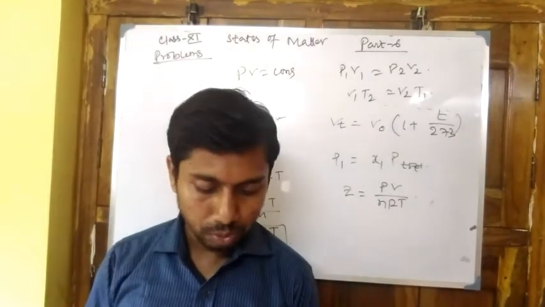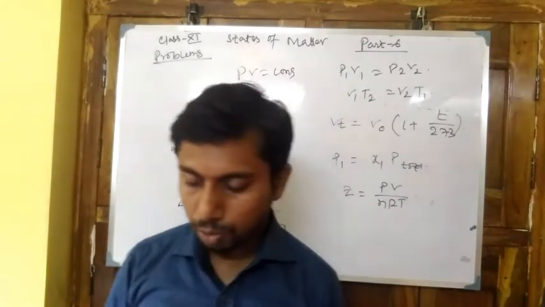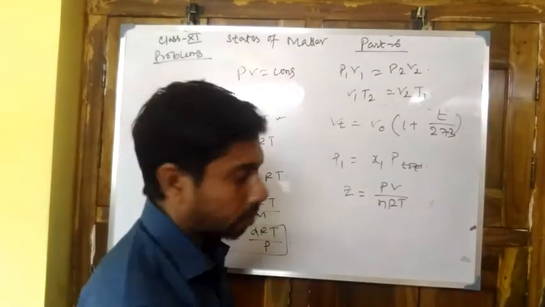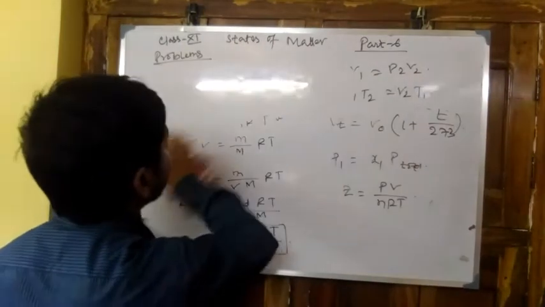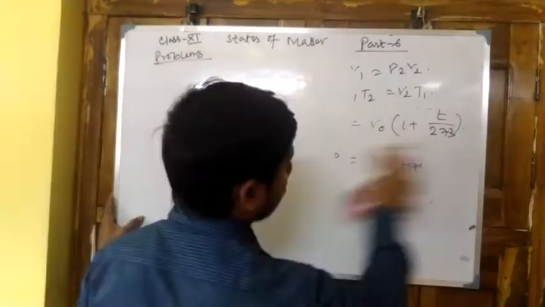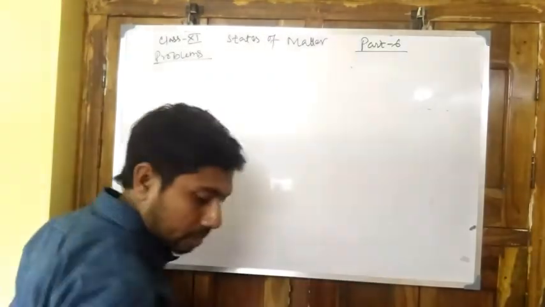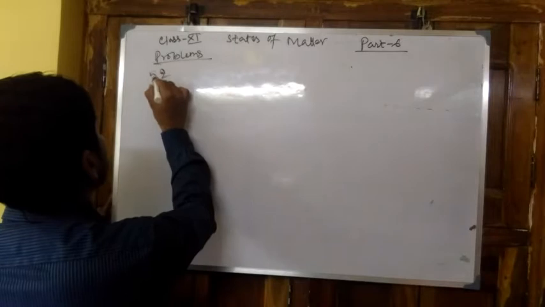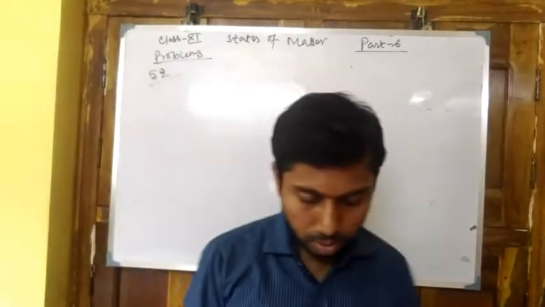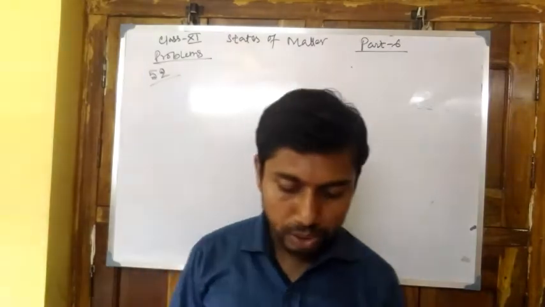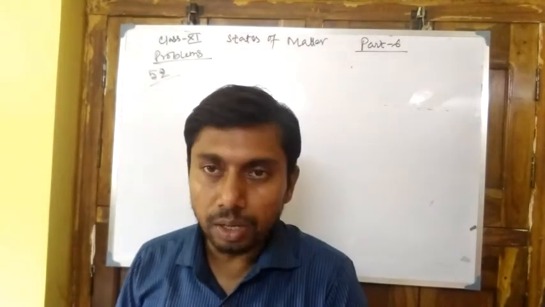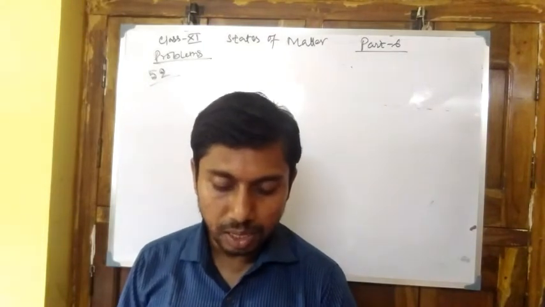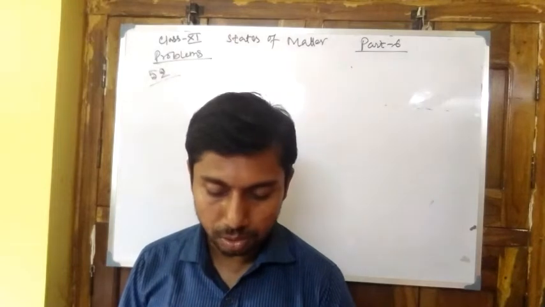Open your NCERT textbook and follow problem number 5.2. Carefully read the statement. A vessel of 120 ml capacity, that is V1 capacity, contains a certain amount of gas at 35 degree centigrade and 1.2 bar pressure.